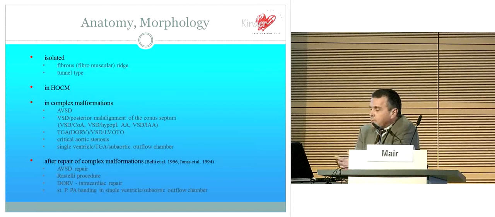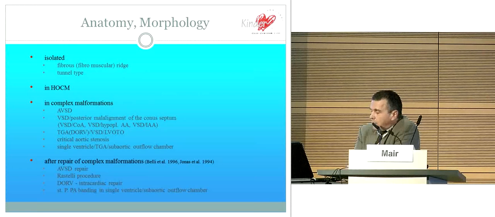The complex transposition of great arteries with VSD and left ventricular outflow tract obstruction, or double outlet right ventricle with transposition of the great arteries and left ventricular outflow tract obstruction.